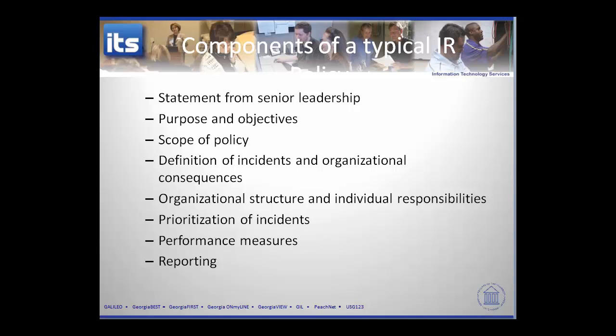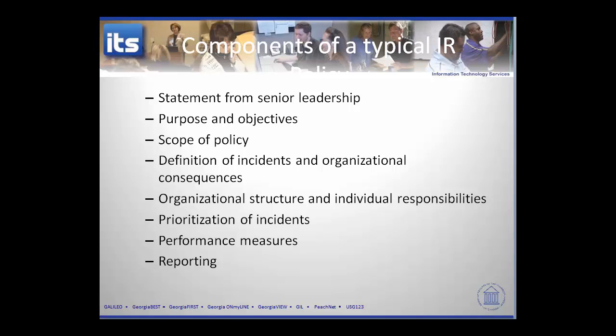You then move into the structure, who's going to respond to it, and what organizations, sub-teams, and individuals have responsibilities during this particular incident. Talk about your prioritization of the incident, and performance measures to let you know if you did well or did not do well during your incidents. These are going to be your measures and metrics.